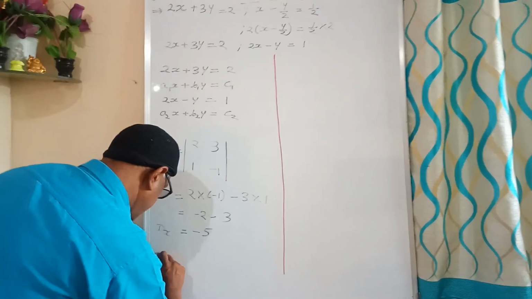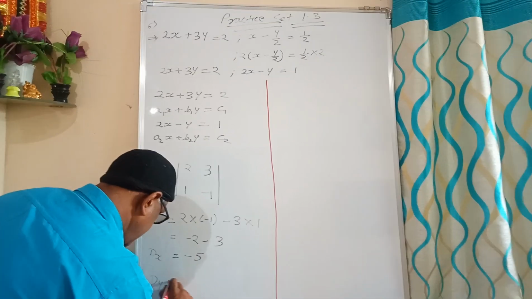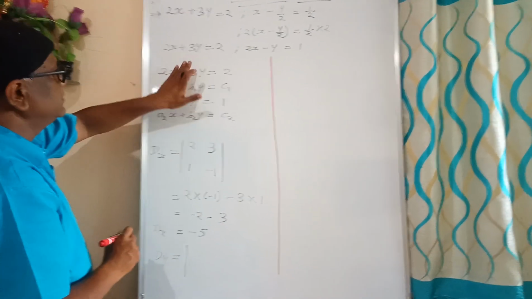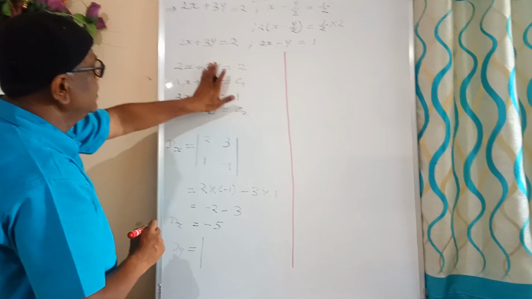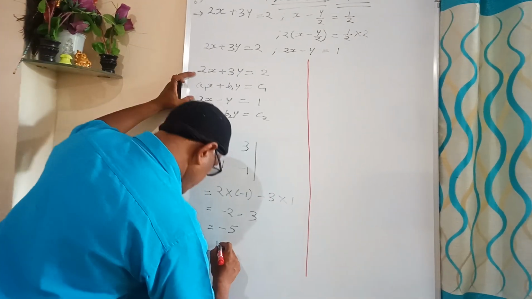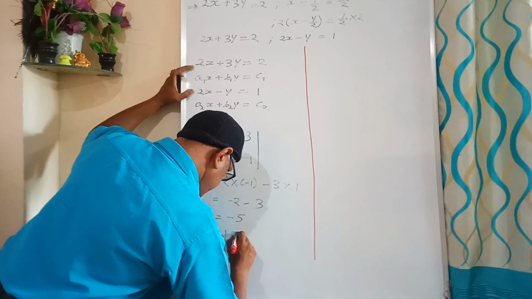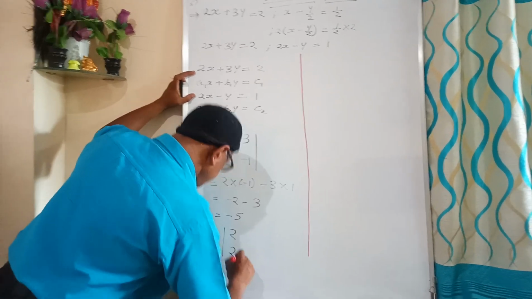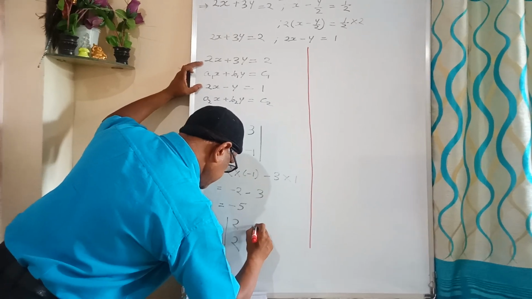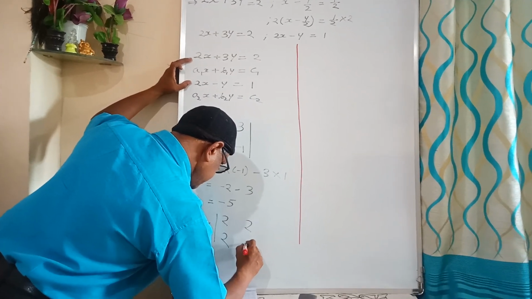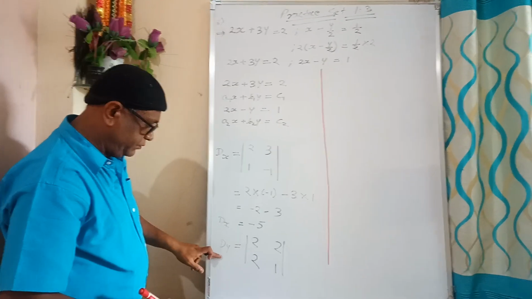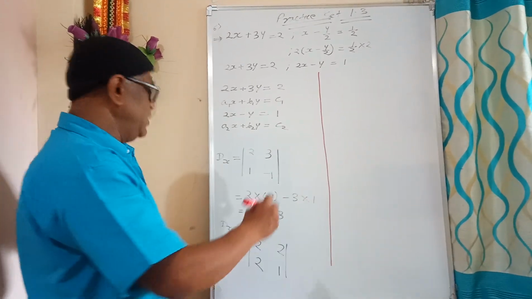Now Dy is equal to, now the y part, you are going to close it. Now the coefficient of x is 2, 2, and the constant terms are 2, 1. Now here we are going to solve.